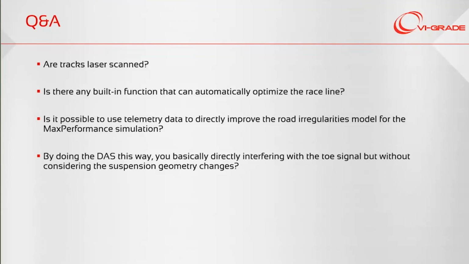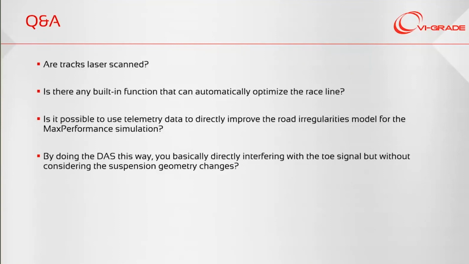It can be eventually implemented using some scripting functionalities. So calling the corner cutting algorithm in an iterative way, it would be possible also to optimize the race line. Of course, this is not out-of-the-box functionality, but in general it could be possible.